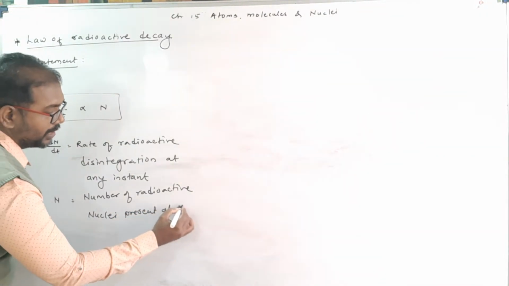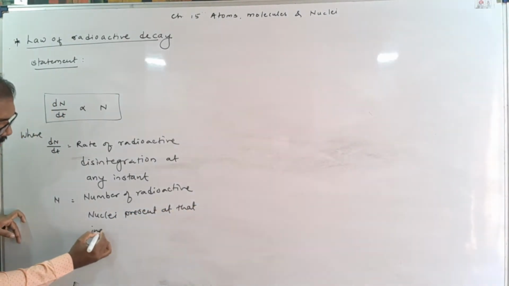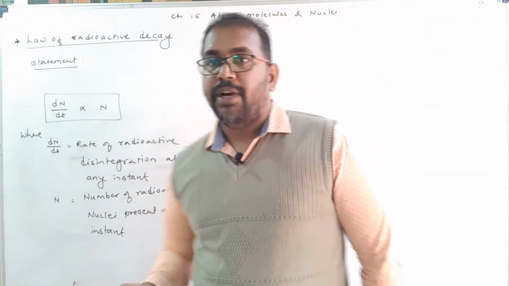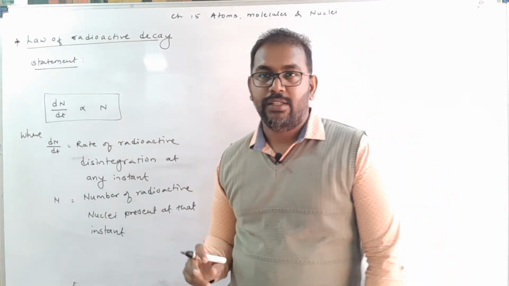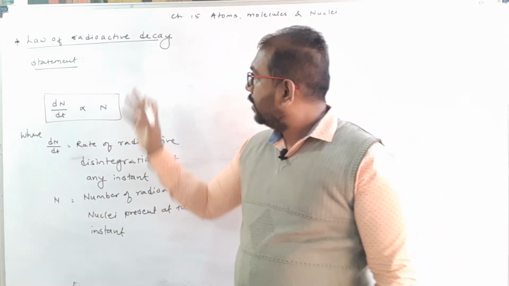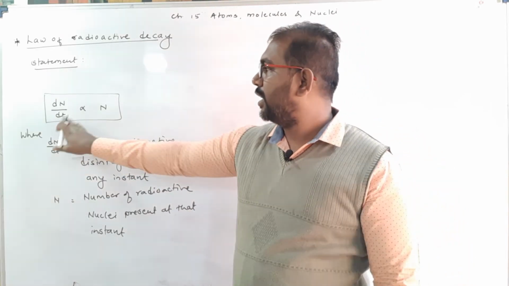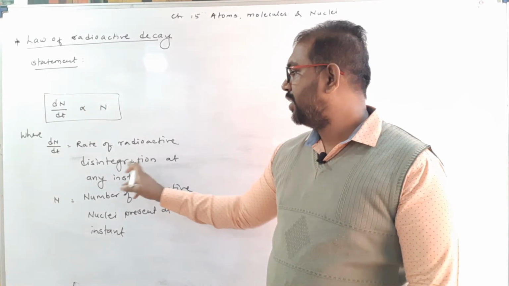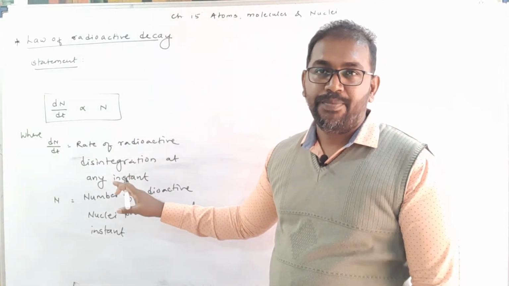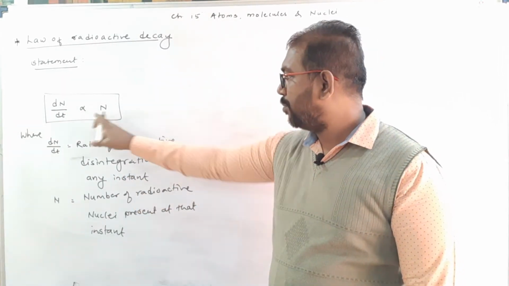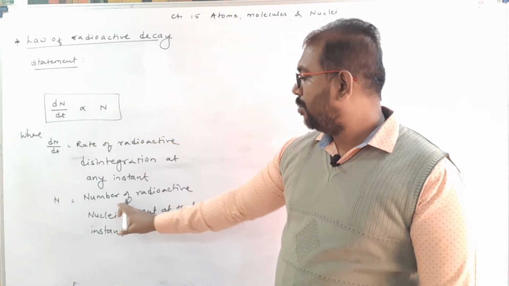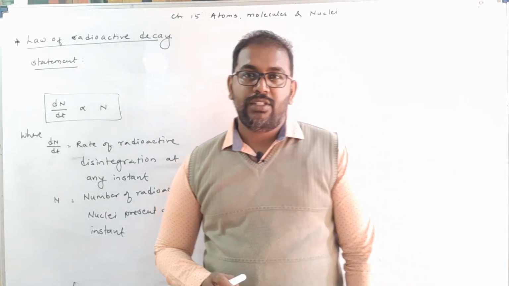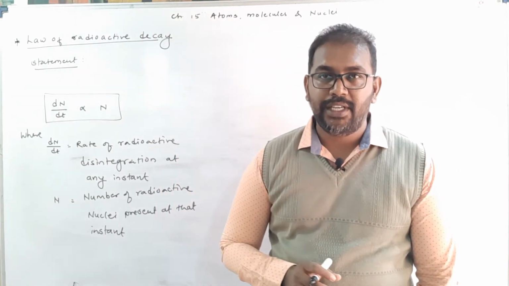Now that I have told you what dN by dt is and what N is, you are able to write down the law of radioactive decay. The rate of radioactive disintegration at any instant is directly proportional to the number of radioactive nuclei present at that instant. So this is the statement of the law of radioactive decay.